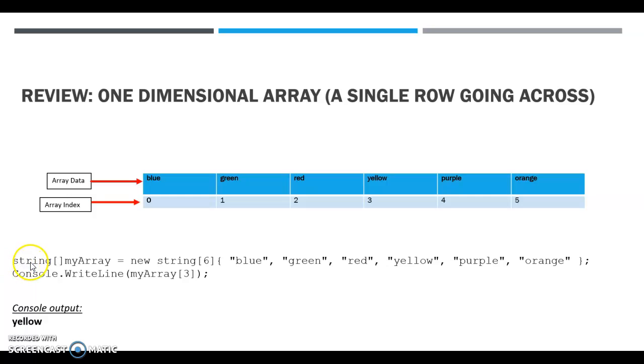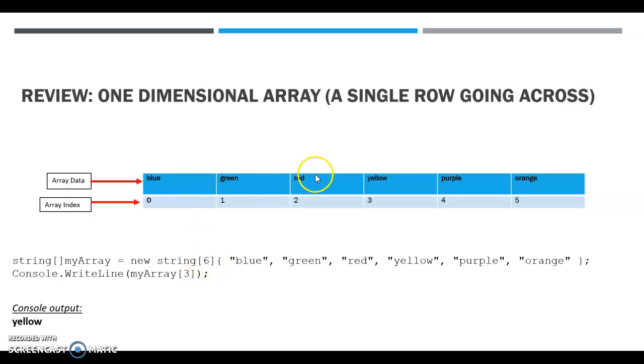In this example, I created some code that will create this array. I declared a string array, used my square brackets. I gave it a name, used my assignment operator, the new constructor keyword, followed by, again, the data type, and then in square brackets, I specified the number of elements that I want.